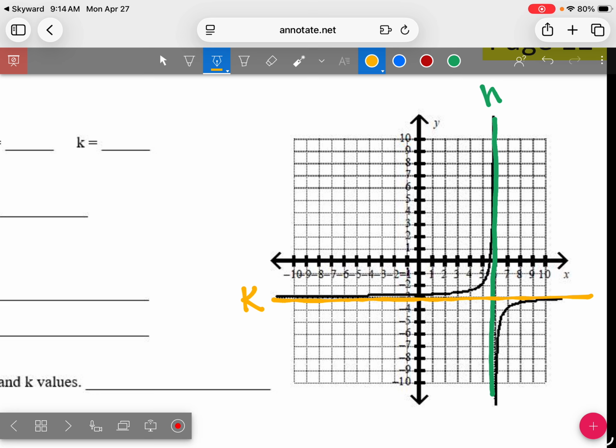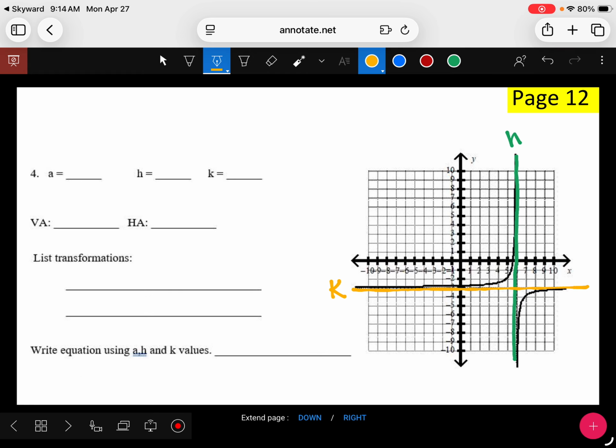So H is 6, which means my vertical asymptote is x equals 6. And the graph moves right 6.